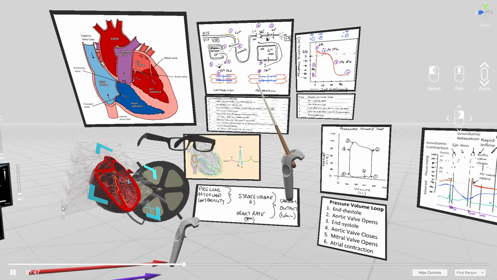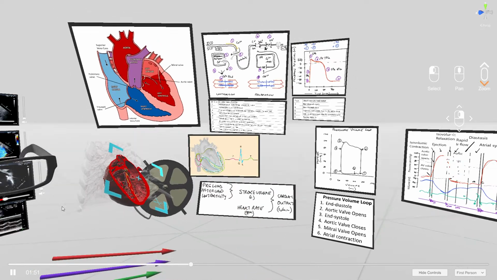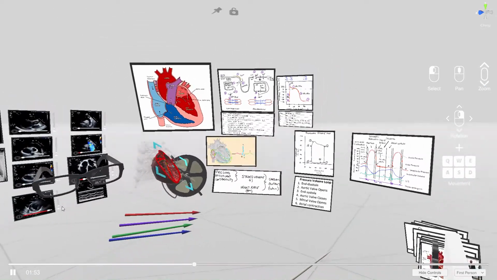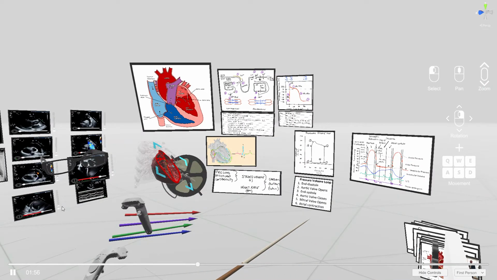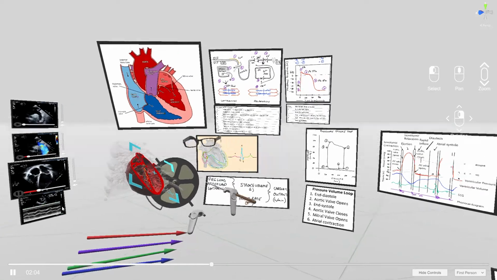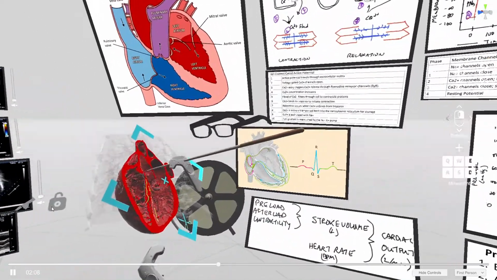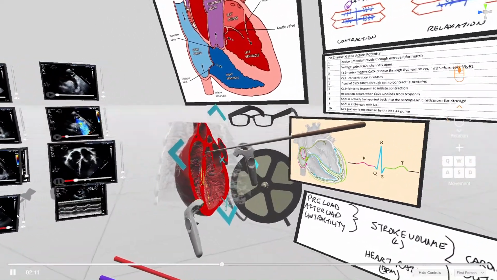So it's hard to take any one of these in isolation. It's how they work together. Afterload is the combined resistance to ejection of blood by the heart, sort of the impedance of the central vascular system or resistance of the peripheral microvasculature. So afterload in a hypertensive patient is the high blood pressure that exists in the aorta here, right?